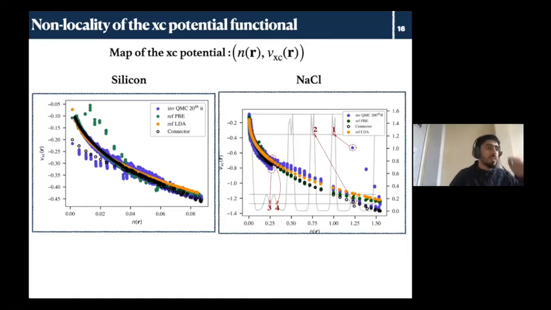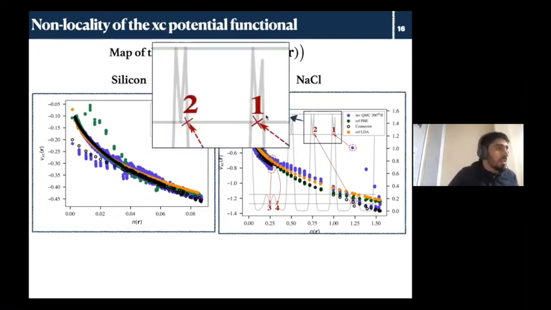I did the same thing for sodium chloride, and here also we can see different environments. We have a main branch for the inverted QMC, which is close to the LDA, and we have an extra branch here, and also here where the density is large.